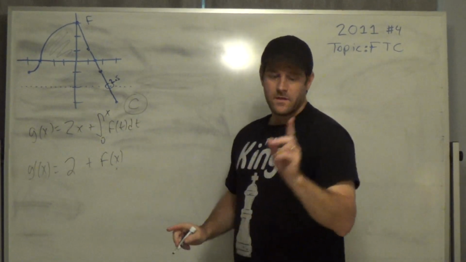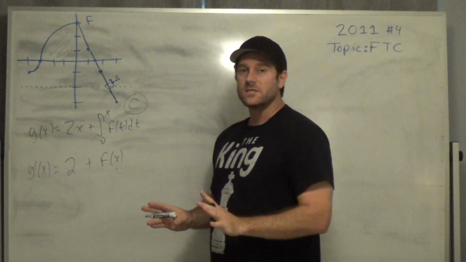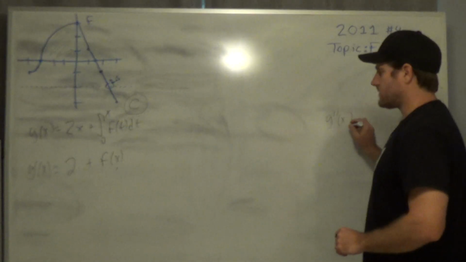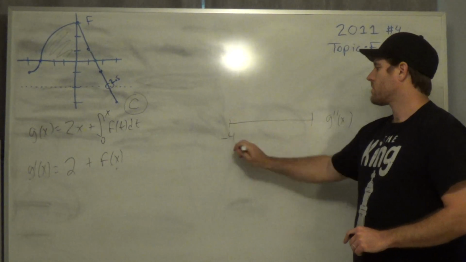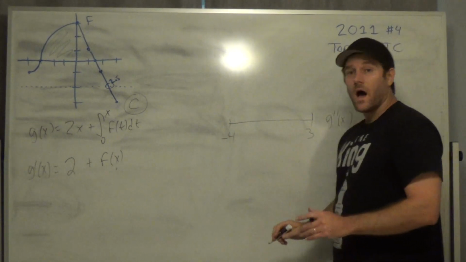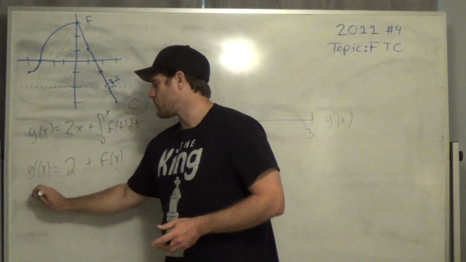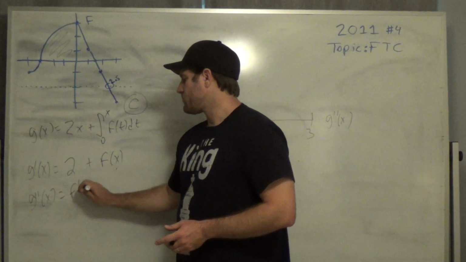Part C. They want to know, when does g have points of inflection? Now, for points of inflection, you would make a sign chart of the second derivative. We don't have the second derivative yet, so let's take the derivative. Here we get g double prime x is equal to f prime x.